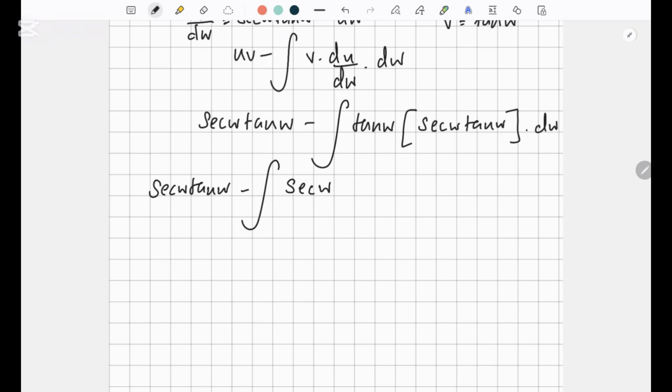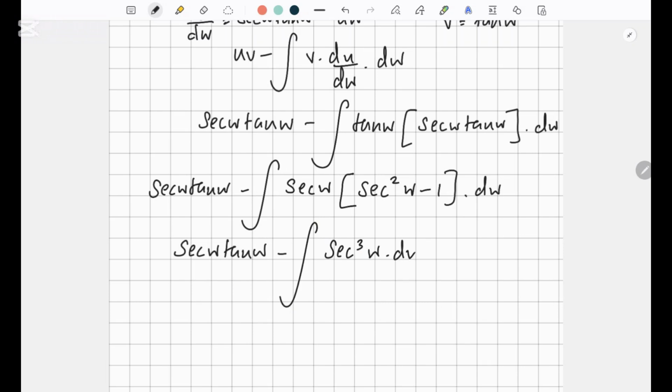So what's tan squared w? You could write tan squared w as sec squared w minus 1, right? Now this would be sec w into tan w minus the integration of sec cube w dot dw, plus the integration of sec w dot dw.